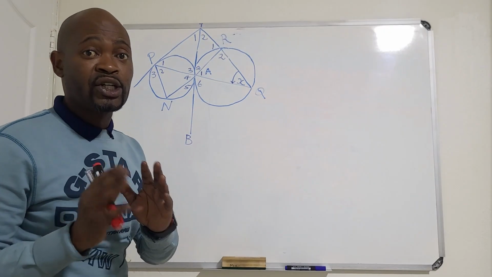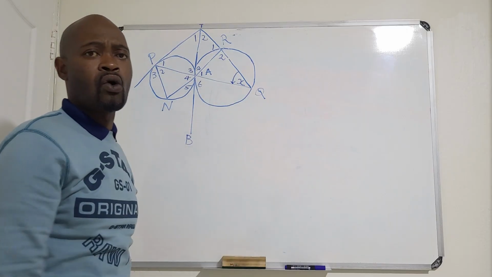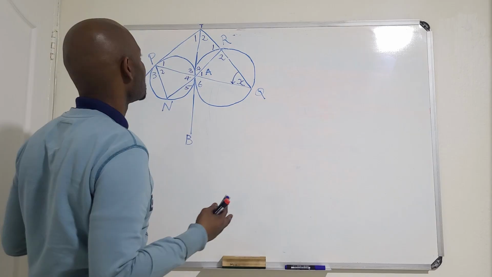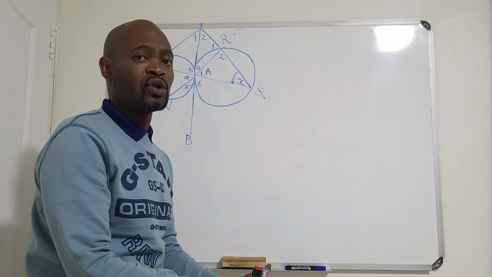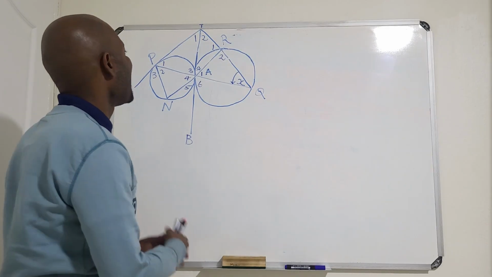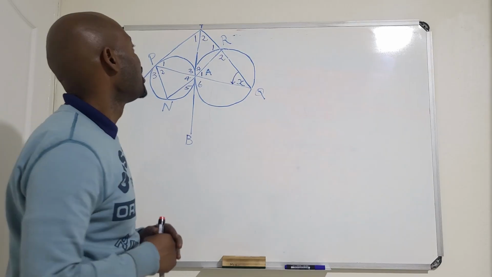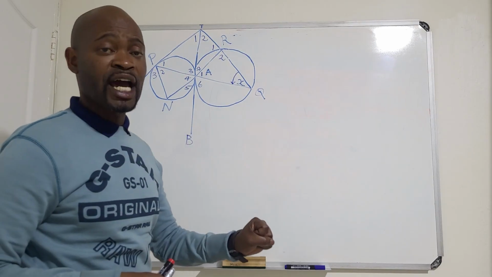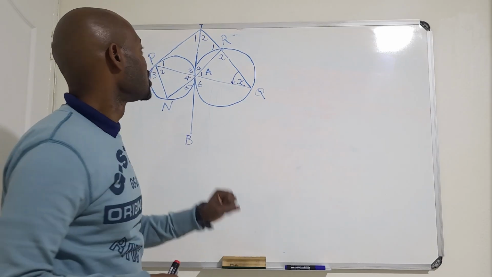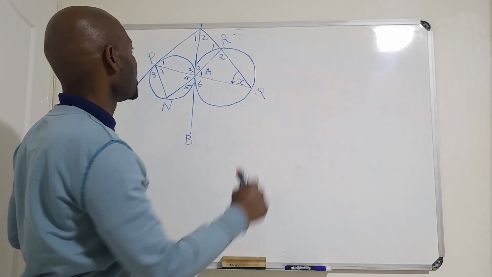The first thing we do, we ask ourselves, are there chords? Yes, there are chords. Are they cyclic chords? They never told us anything about a cyclic chord here, therefore no cyclic chord. Are there tangents? Yes, there are tangents. Now, it means that theorems on cyclic chords are out, so we are left with theorems on chords and tangents.